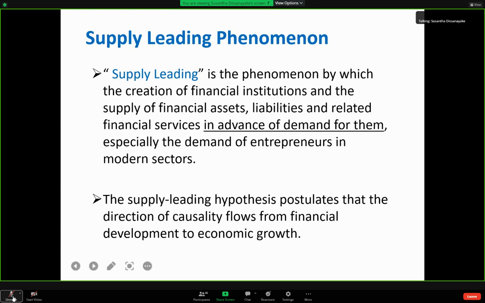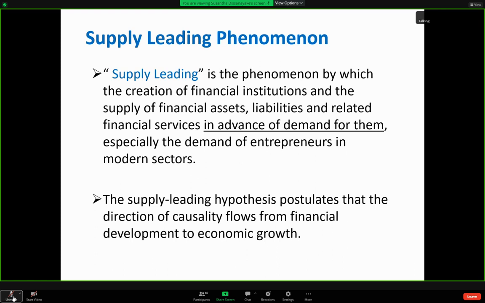So then we are moving to the supply leading phenomenon. The supply leading is a phenomenon by which the creation of financial institutions and the supply of financial assets, liabilities, and related financial services happen in advance of demand for them, especially the demand of entrepreneurs in the modern sector.